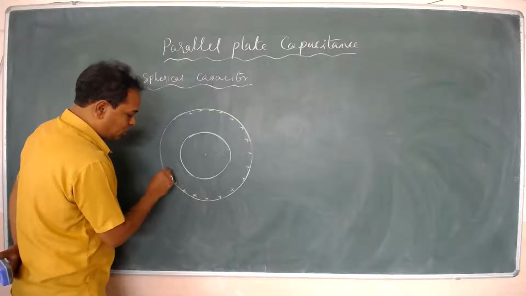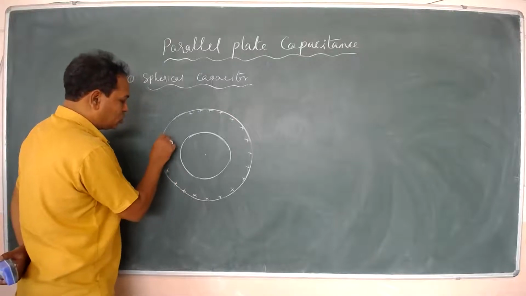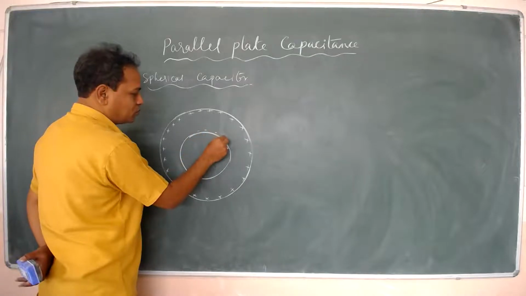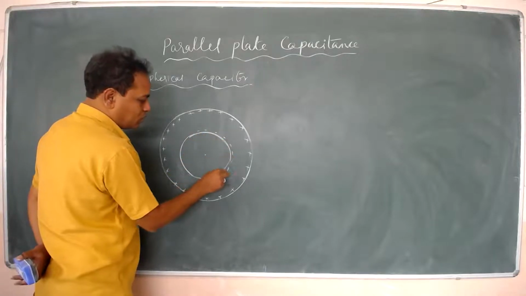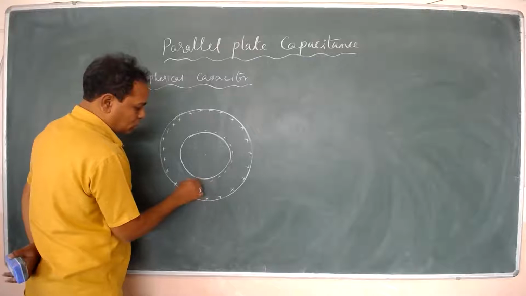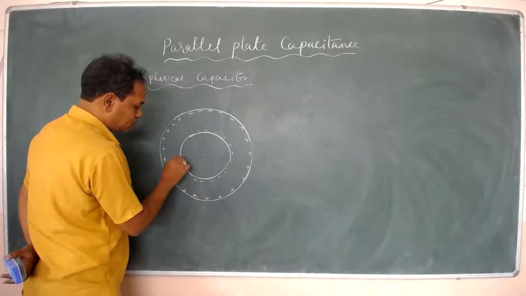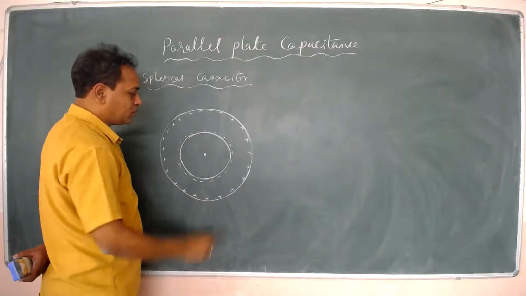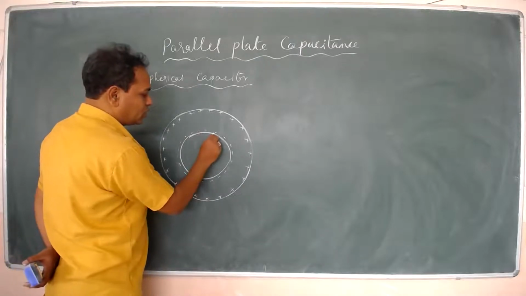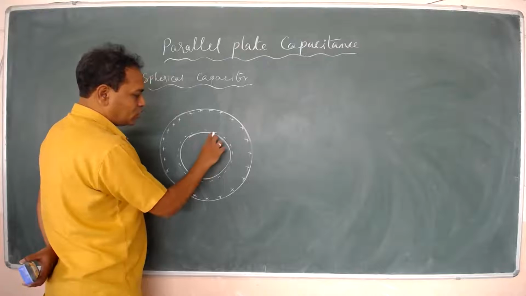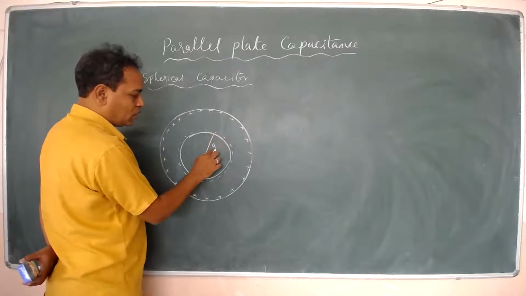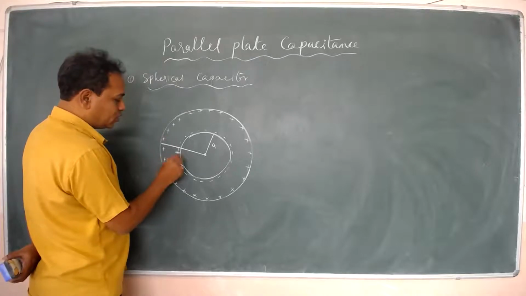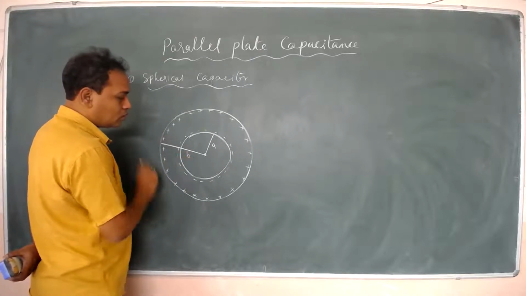So this is the sphere of positive charge, and this is a sphere of negative charge. Say this is the center. The radius of the negative sphere is a. The radius of the positively charged sphere, say that is b.